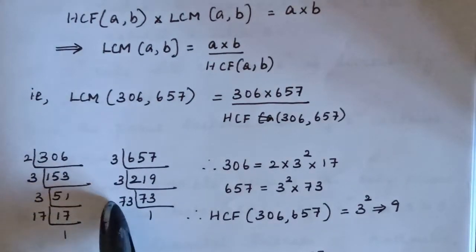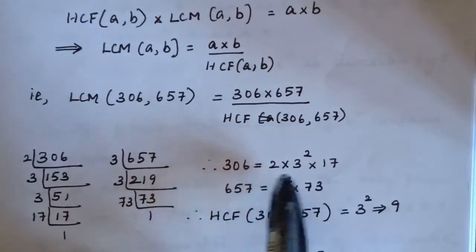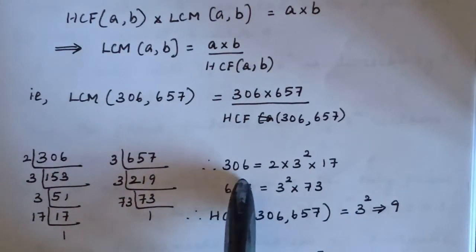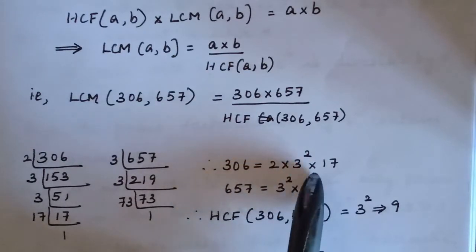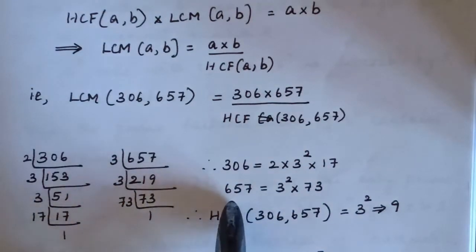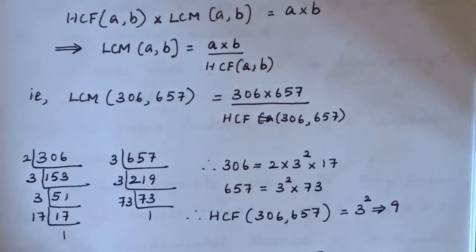So from here you can see that 306, when you do the prime factorization, you will see the factors are 2, 3 and 17. And when you write 306 as a product of prime factors, we can write it as 2 into 3 squared into 17. And 657 we can write as 3 squared into 73.